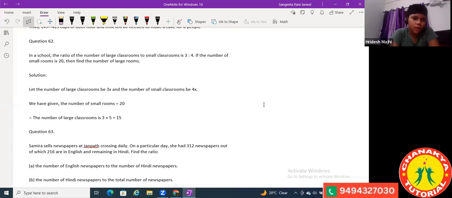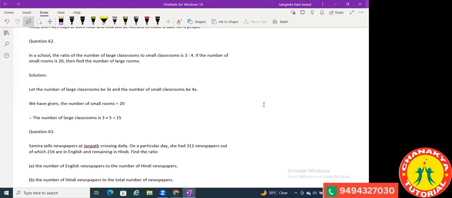We have to multiply 3 by x, and after that, you have to take the small number and multiply it. Which small number?